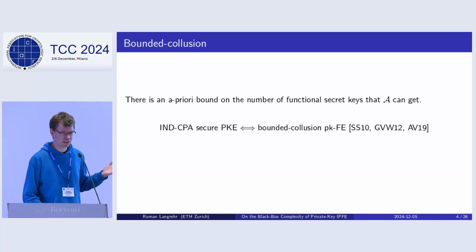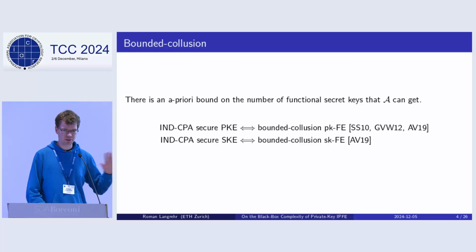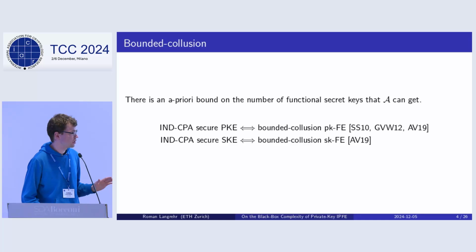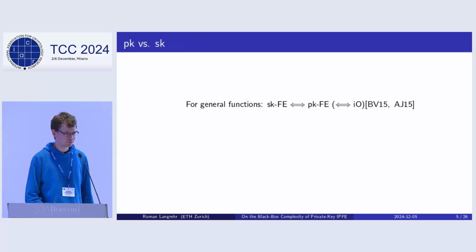So here it actually becomes easier to build secret key FE. However, in the unbounded collusion setting, and the rest of the talk will be just about unbounded collusion, it is known that secret key FE and public key FE are equivalent, because both are equivalent to I/O. So here it doesn't become easier when we switch to the secret key setting.